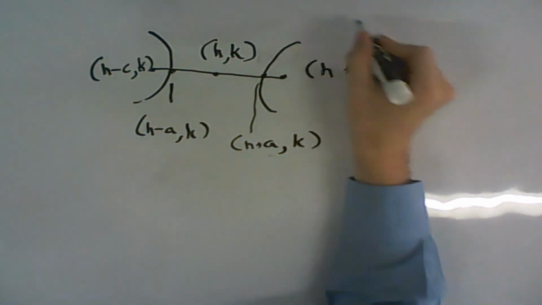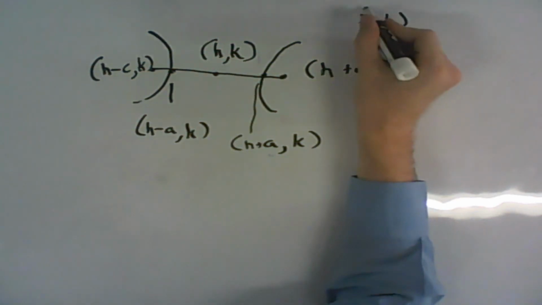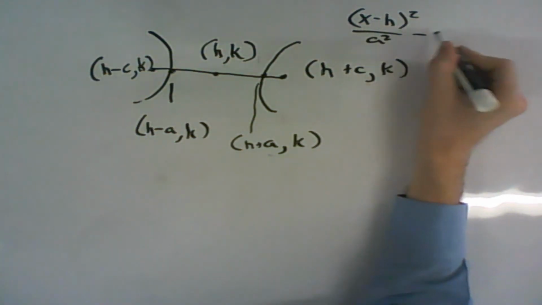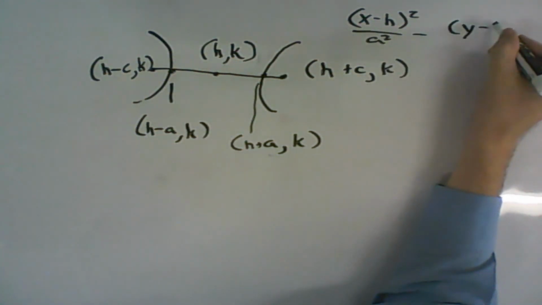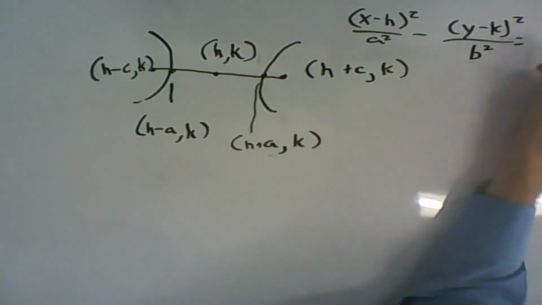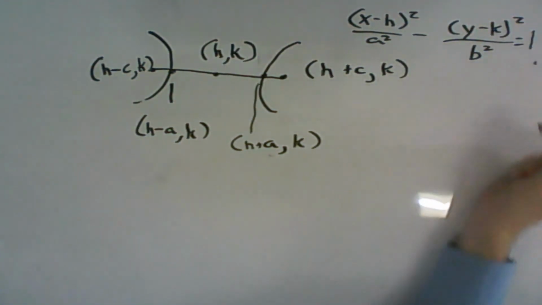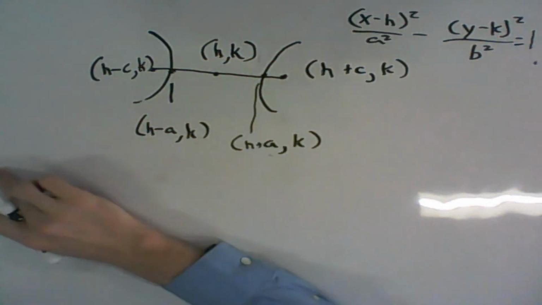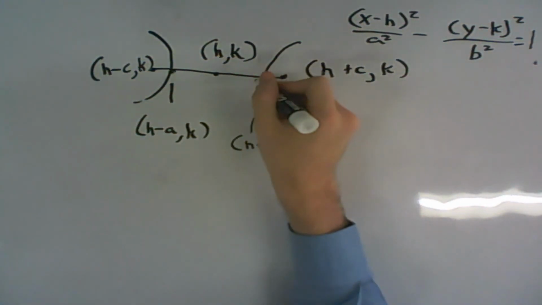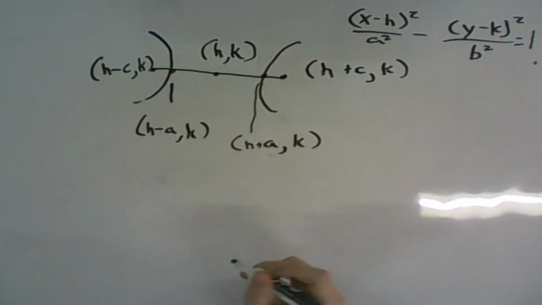And the formula for this one is (x minus h) squared over a squared minus (y minus k) squared over b squared equals 1. Okay, so this is the horizontal one. Vertices again have A involved, and our foci have C.